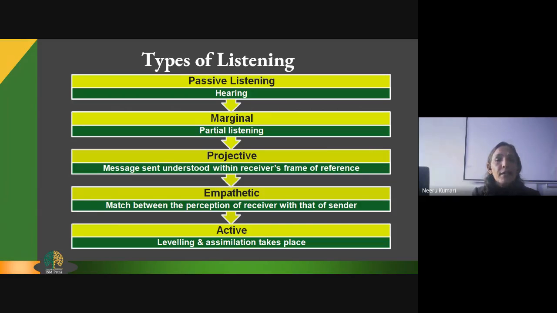And finally, the active listening. Trust me, boys and girls, it is difficult to practice, but it's not impossible. You all should understand the importance of active listening, because as a student of management or technology, you should have a proper understanding of what active listening is and why it is important.